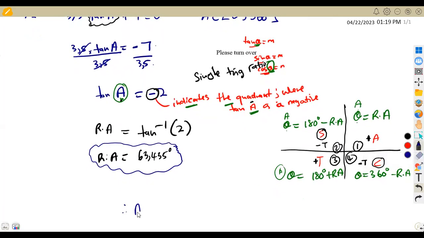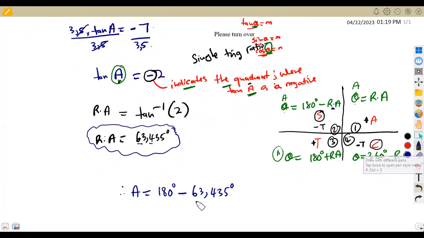So therefore, our A representing the actual angle theta, in the second quadrant, we said it is going to be 180 degrees minus the reference angle. The reference angle is the one that we calculated here, which is 63,435. So you're going to subtract that one from 180.